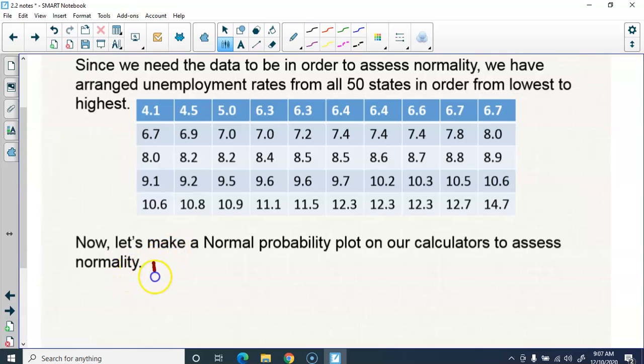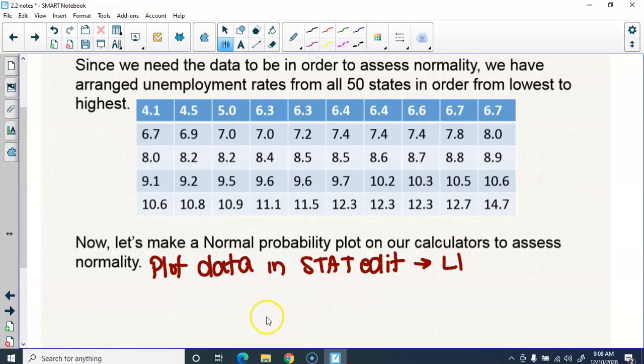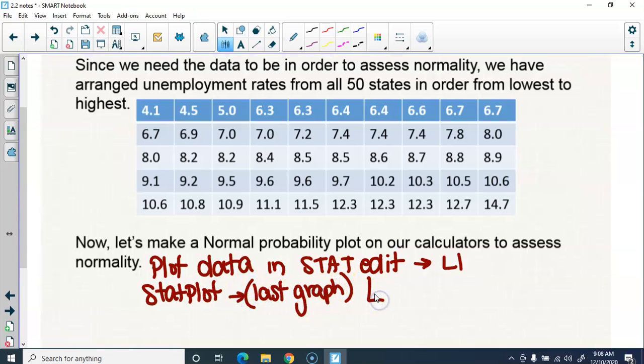What we're going to do first is plot all that data in stat edit. That's going to be where we have our list, plot it all into L1. After all of our data is inserted, then we go to stat plot, and we want the last graph type, which looks like that.